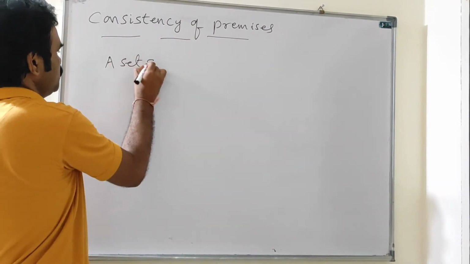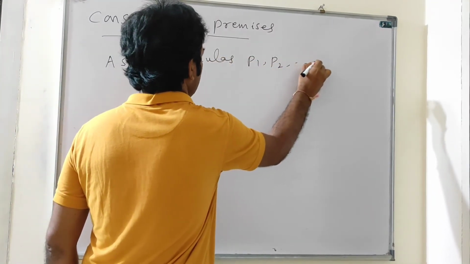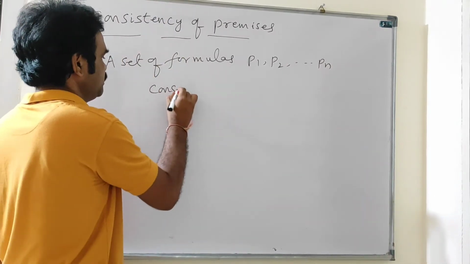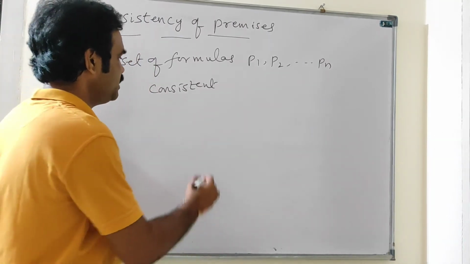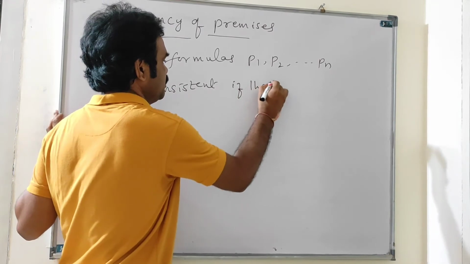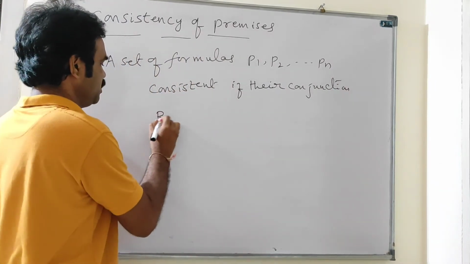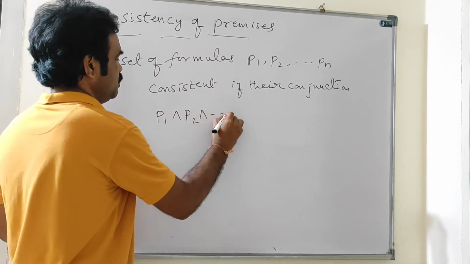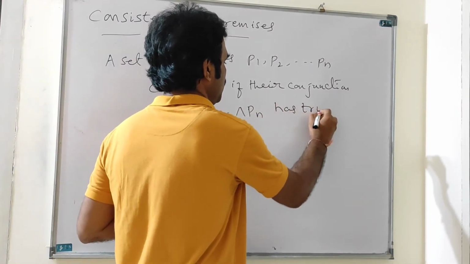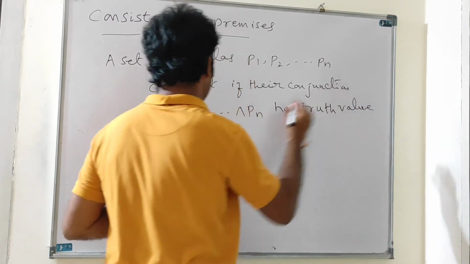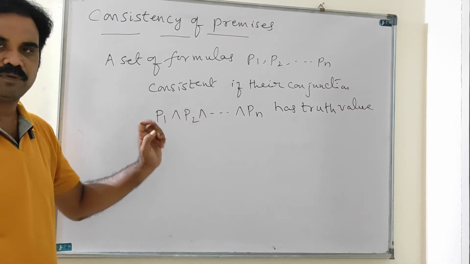A set of formulas P1, P2 and so on Pn is said to be consistent if their conjunction, that is P1 and P2 and so on and Pn, has truth value T for some assignment of truth values of the atomic variables appearing in P1, P2 and so on Pn.